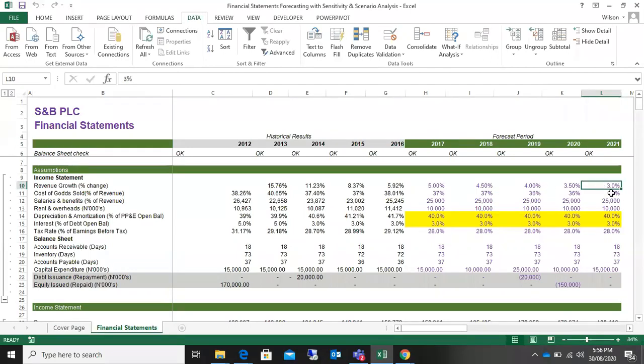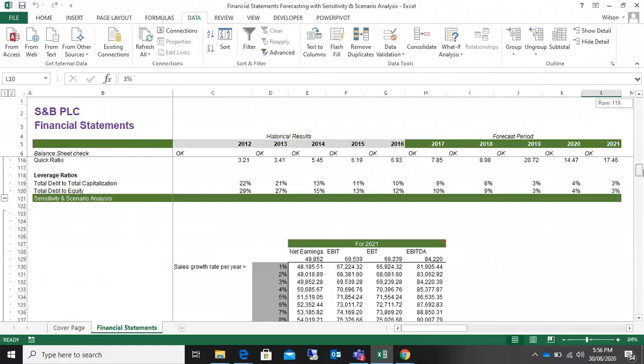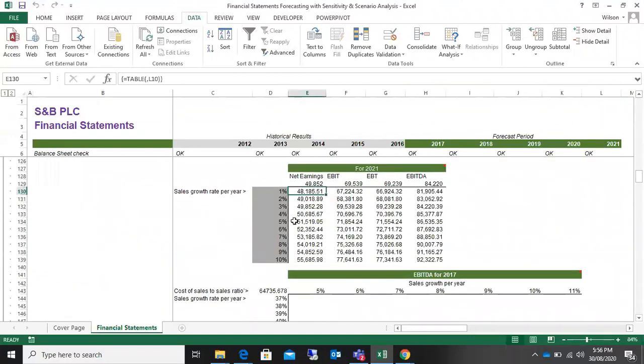Now, if our revenue went up by 3% in 2021, what it then means is that our net earnings will be 48,185. Our EBIT will be this, and our EBITDA will be this. If it is now 2%, our net earnings will be this, EBIT will be this, like that. So that is what it means.